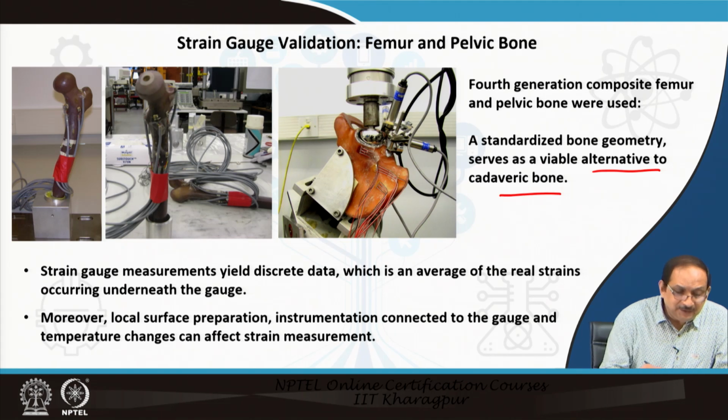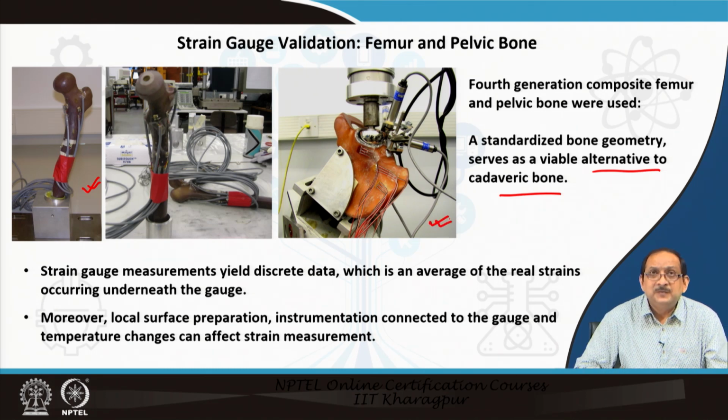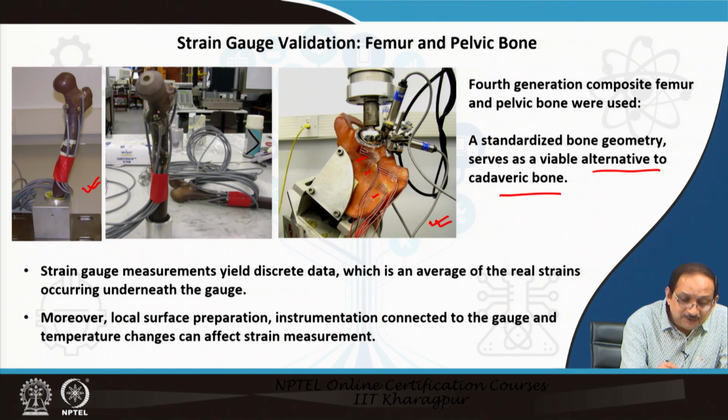Now, in this slide you can see a photo of the intact composite femur, and on the right you can see a photo of the test setup of a pelvic bone with linear displacement sensors and, of course, the strain gauges and rosettes that are fixed on the surface of the bone.